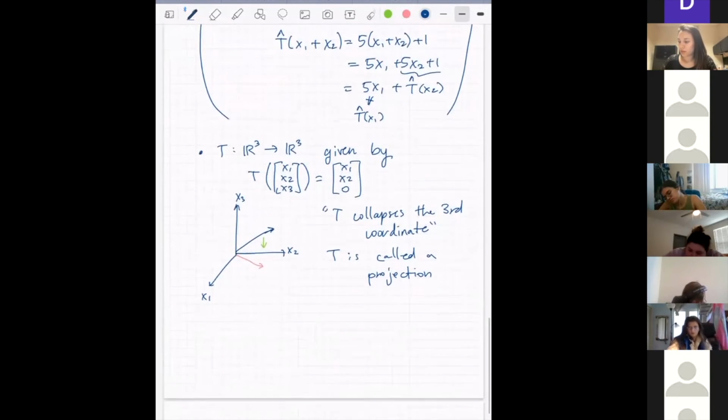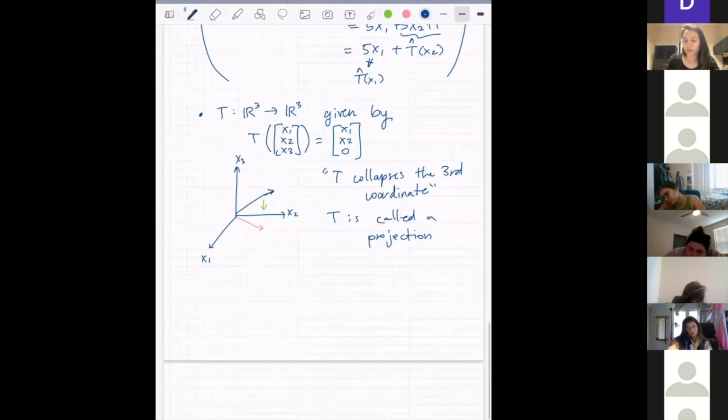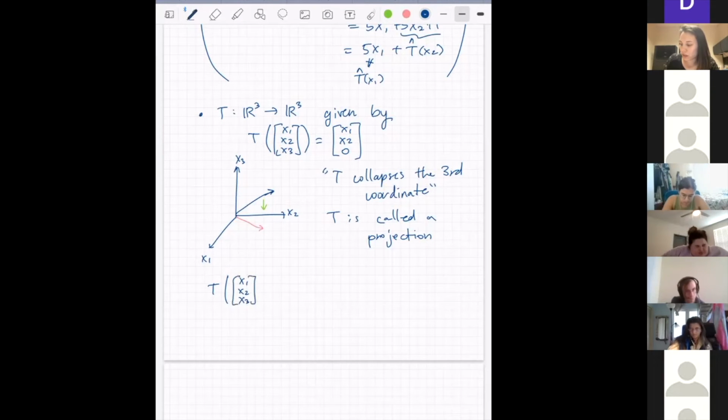And you can check that it's linear, right? So why not go through that? If we have x1, x2, x3, and y1, y2, y3, first let's just combine them. So x1 plus y1, x2 plus y2, x3 plus y3.